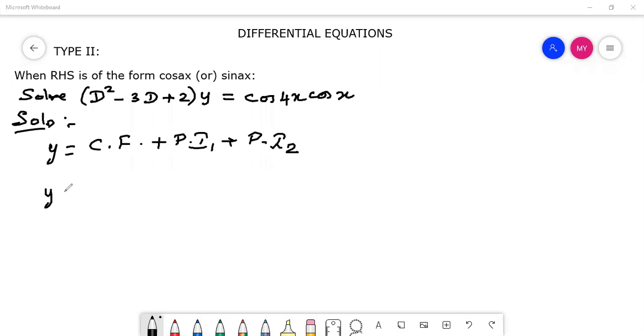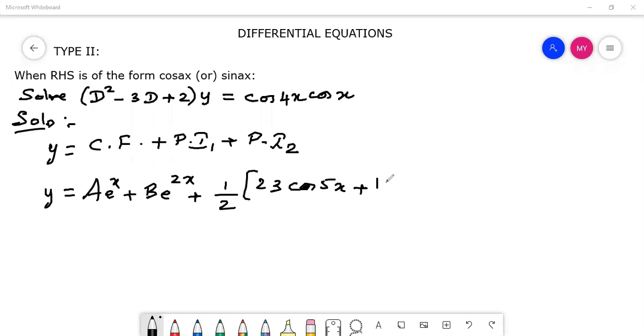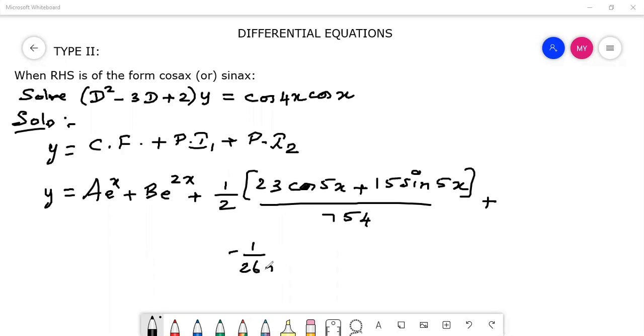So the answer is y equal to a e power x plus b e power 2x plus 1 by 2 into 23 cos 5x plus 15 sine 5x over 754, this is particular integral 1, plus particular integral 2, which is negative 1 by 260 into 7 cos 3x plus 9 sine 3x.